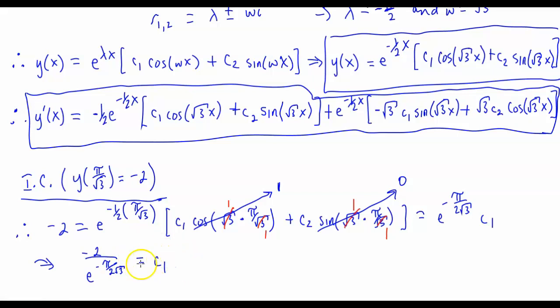I'm going to clean this up a bit by rationalizing the denominator. It's not necessary to do it, but I'm going to do it just because it's going to make it look a little bit cleaner. So here, this will be -2 over, and if I rationalize the denominator, I'm going to do it up here.